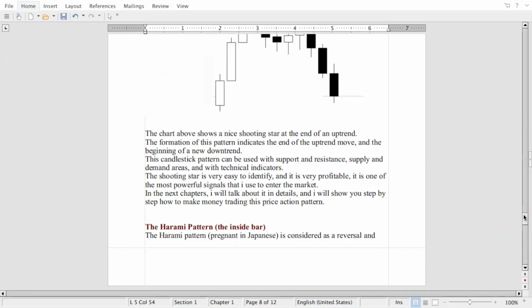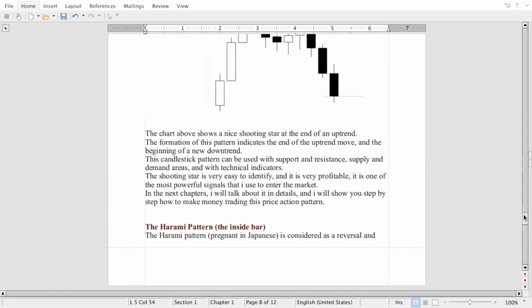This candle pattern can be used with support and resistance, supply and demand areas, and technical indicators. So you can trade it with supply and demand, with support and resistance, and with technical indicators.